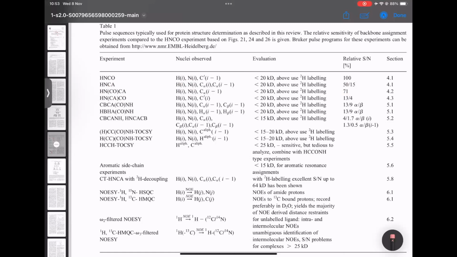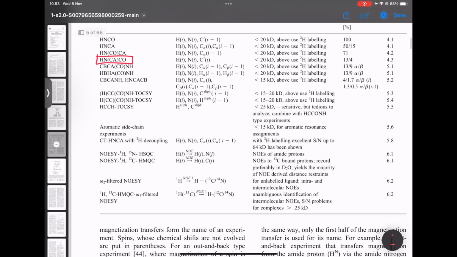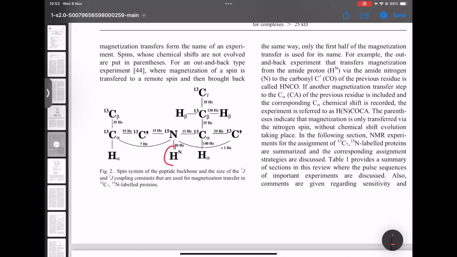This is yet another example of an experiment, similar to the fact that you can go via the HNCO, where the previous experiment is a preceding carbonyl. You could also do an experiment called the HNCA-CO, where the CA will just jump, will not do frequency labeling. We'll just transfer through it. You just do an INEPT through it, but you will not do frequency labeling.